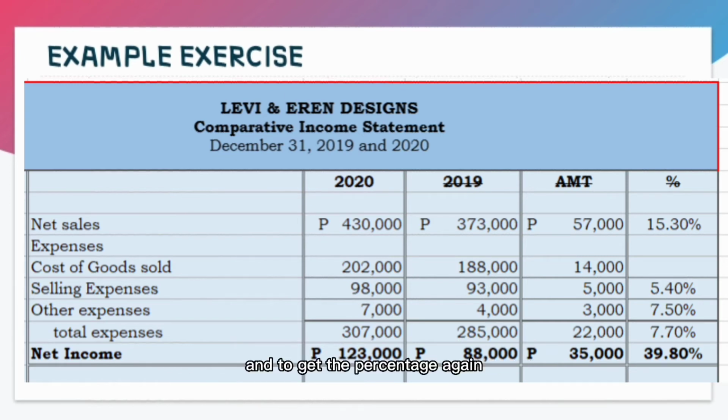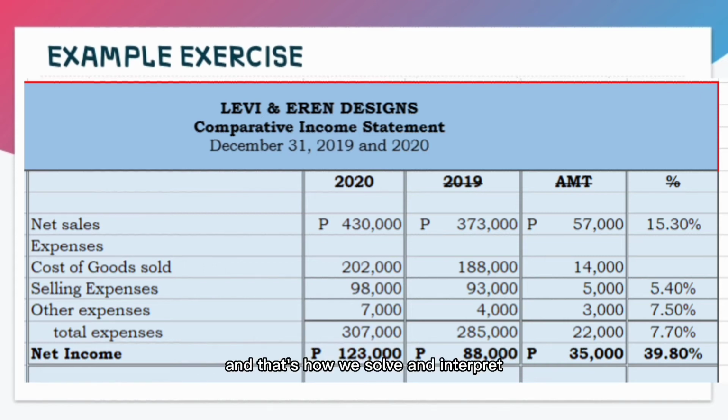To get the percentage, again, you divide 35,000 by 88,000 and multiply by 100 to get 39.80%. So it means the entity's net income increased by 35,000 pesos from year 2019 to year 2020. And in percentage, the entity's net income increased by 39.80%.